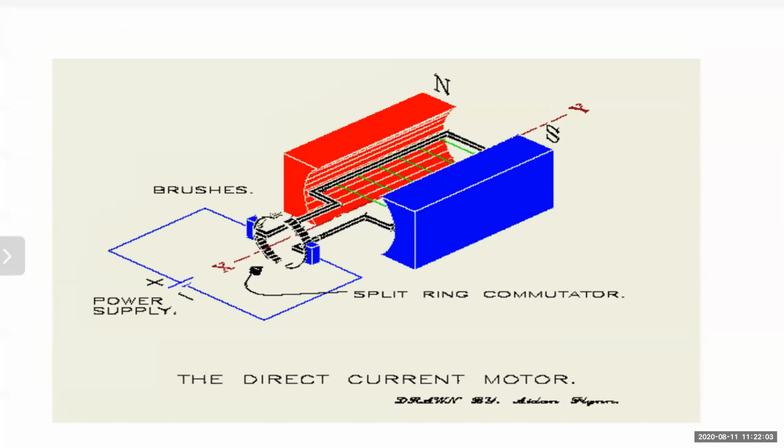Force is exerted on those branches; on one side the branch is pushed downward, and on the other side, at the south pole, the force pushes that branch upward, and the rotation starts, and that rotation is anti-clockwise.